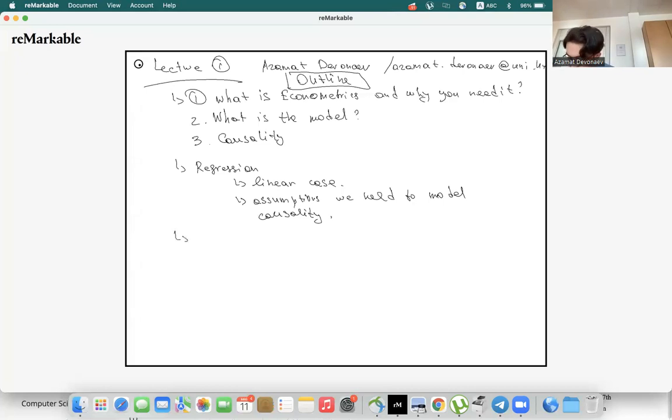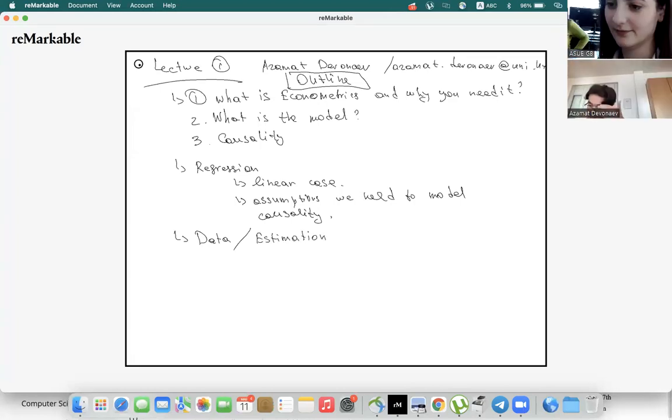And then after this, we'll talk about the data and how you estimate your model. Estimation of the model.